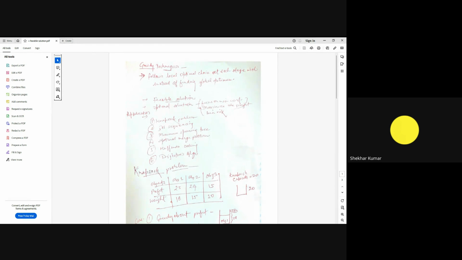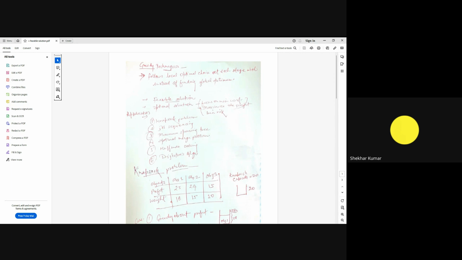This knapsack problem can be solved with the help of two techniques. First is the brute force approach. That is also called the hit and trial method. The brute force approach tries all the possible solutions, with all the different fractions.